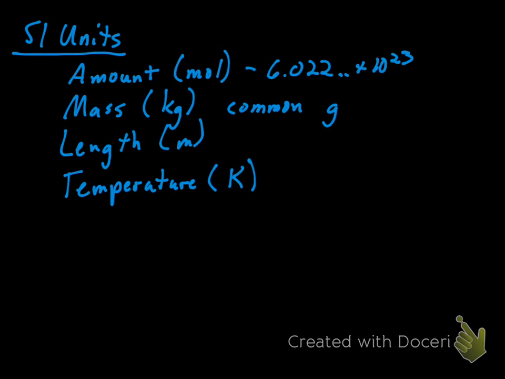The lowest temperature of Kelvin is 0, that's absolute 0. We'll commonly think in terms of degrees Celsius in a chemistry lab. Degrees Celsius can be negative. You could be 5 degrees Celsius below 0, which means you're 5 degrees Celsius below the freezing point of water. But Kelvin and Celsius are two ways of quantitating temperature. And then we also have time in seconds, right? What you will note on this list, I'll draw a line under it, is that we don't have anything for volume.